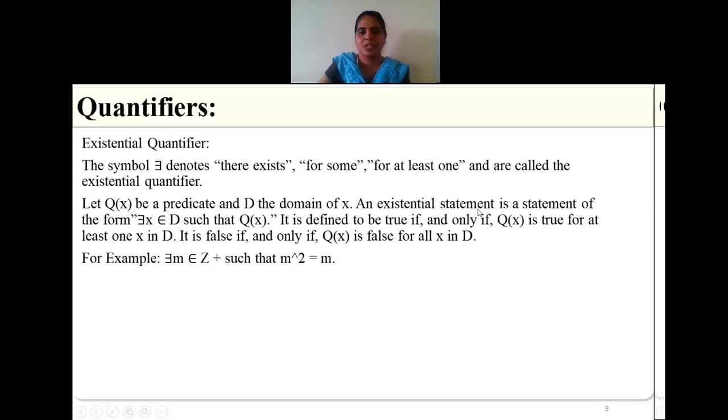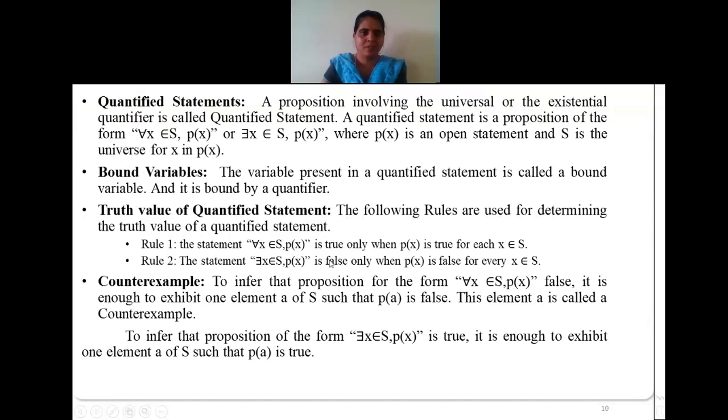Then an existential statement is a statement of the form there exists x belongs to D such that Q(x), defined to be true if and only if Q(x) is true for at least one x in D, otherwise it is false. Example: there exists m belongs to Z such that m squared is equal to m.